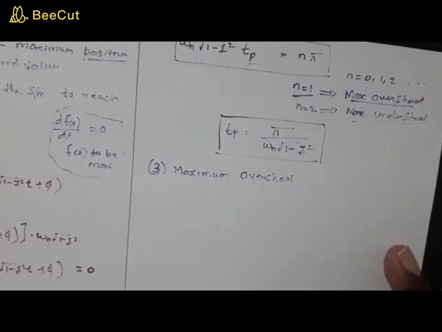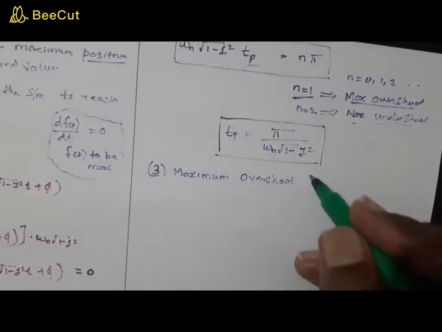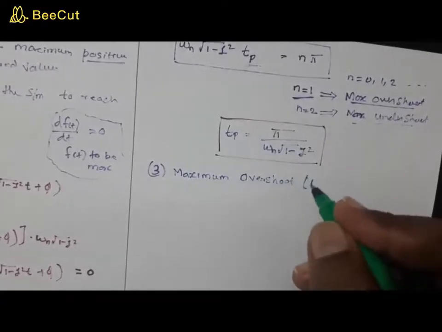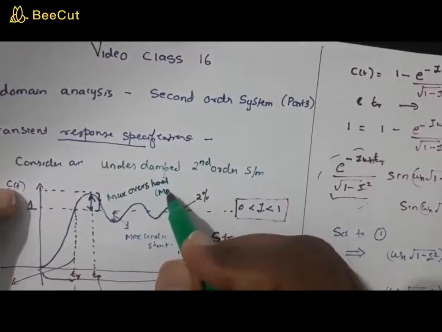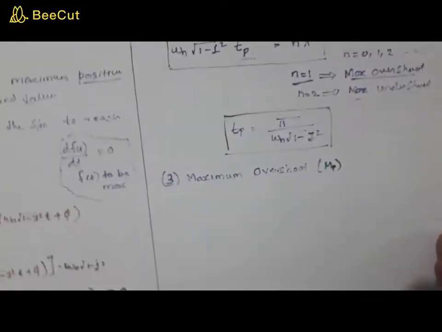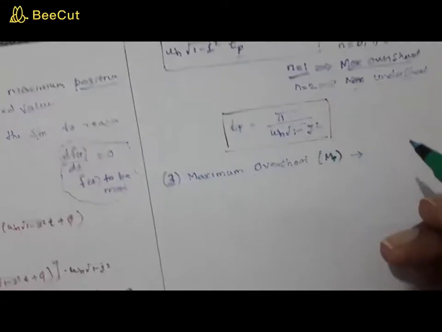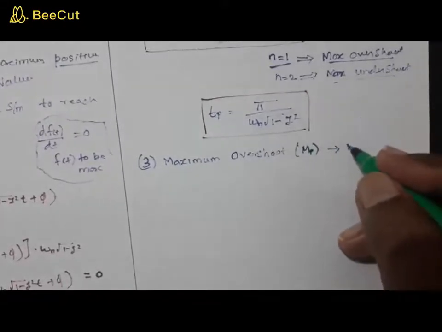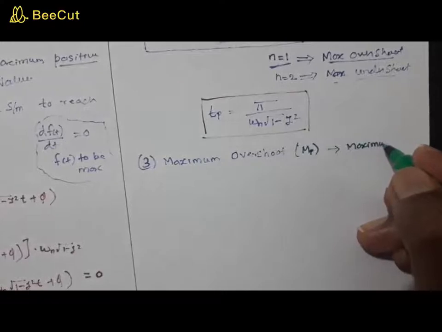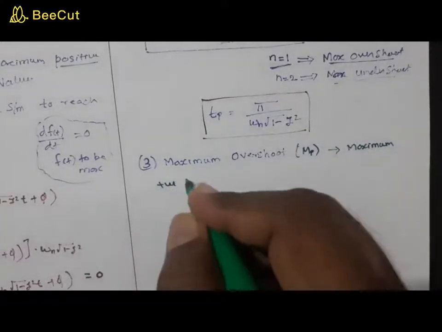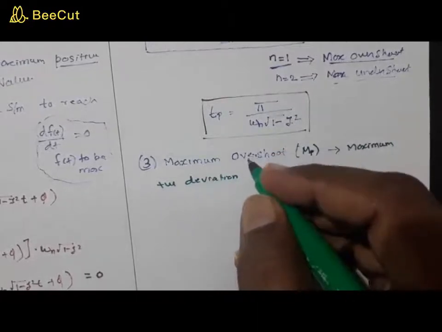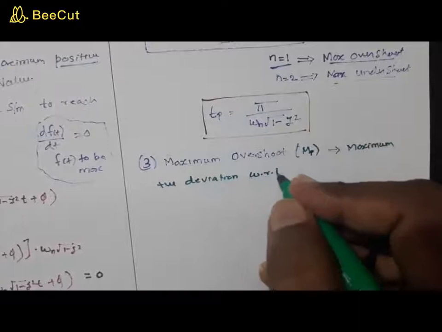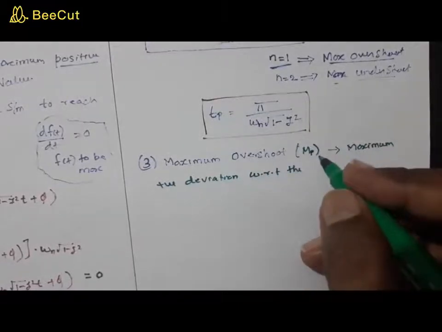Now let's move on to the maximum overshoot. Maximum overshoot is represented by the letter MP. In the graph you can denote this deviation as MP, M suffix P. Maximum overshoot can be defined as the maximum positive deviation with respect to the desired value.